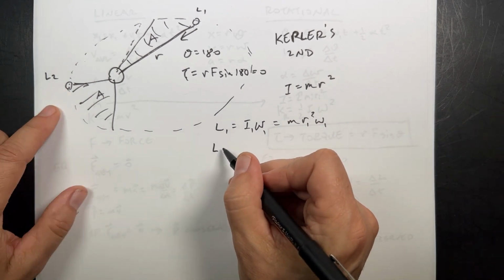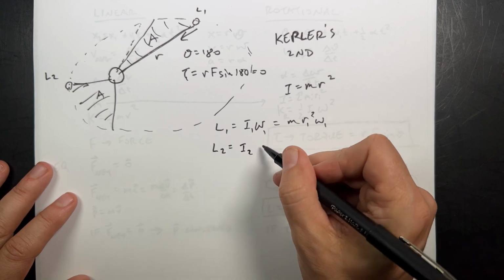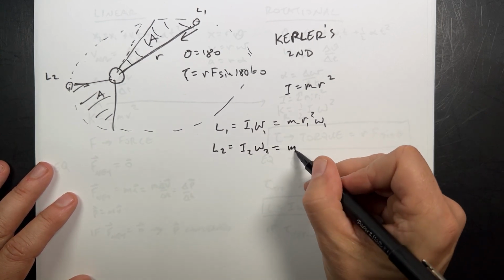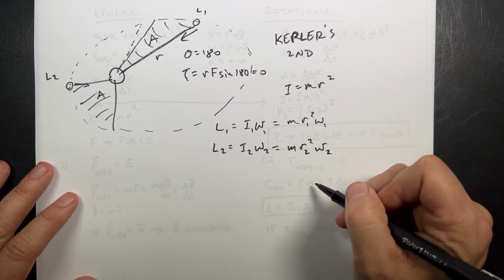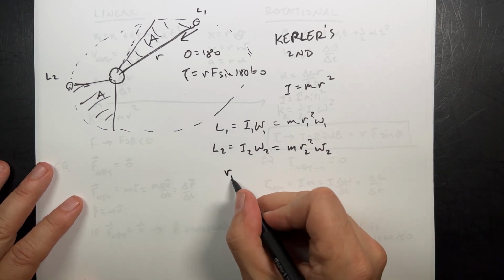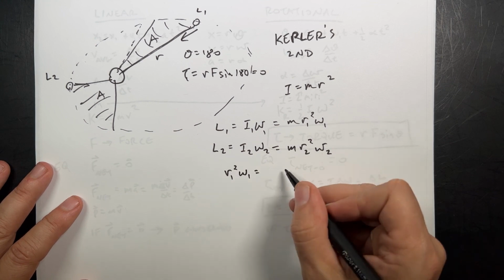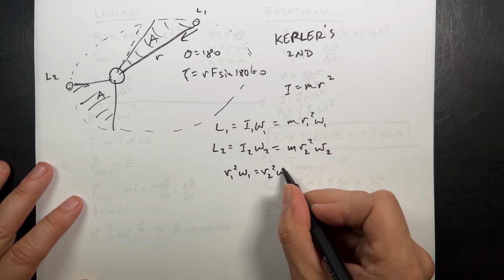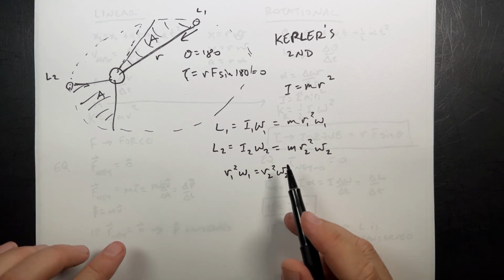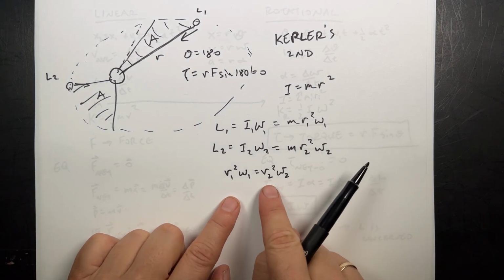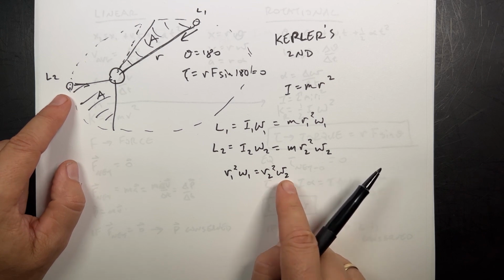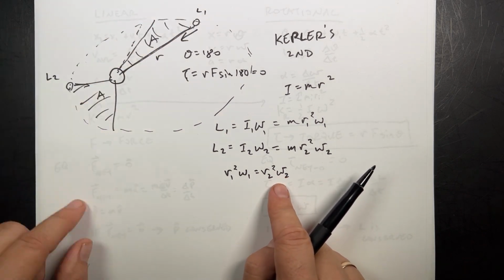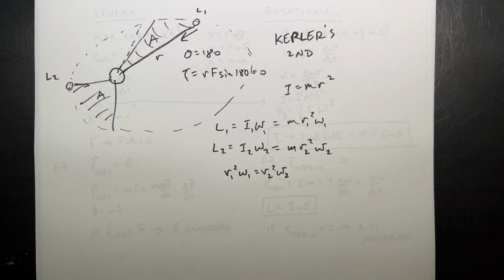And down at the other point, L2 is I2 omega 2, which is m r2 squared omega 2. And these two things are equal. So the masses cancel: r1 squared omega 1 equals r2 squared omega 2. That's it. So as r decreases, r2 is smaller, and in order to keep the same angular momentum, omega has to increase. And that's why it sweeps around faster. So it's one way to look at these astronomy kind of problems.